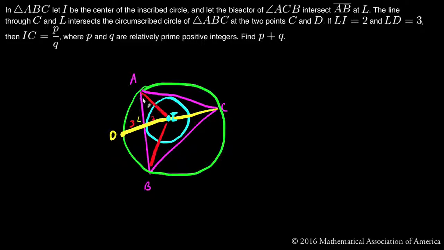Since this is an angle bisector, if this is A, these are both going to be alpha. If this is B, I'll call both of these beta. And this is C, I'll call both of these gamma. So this is the diagram I'm going to start with, and I'm going to use some similar triangles with this.